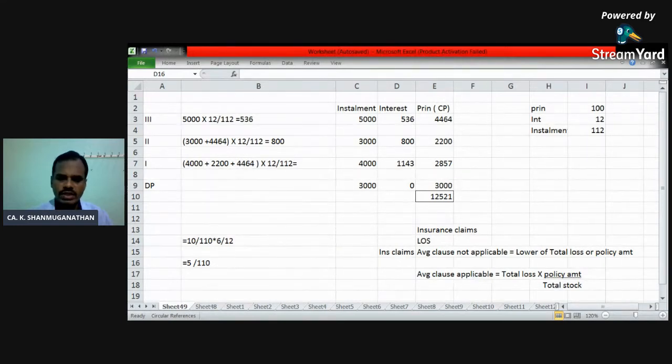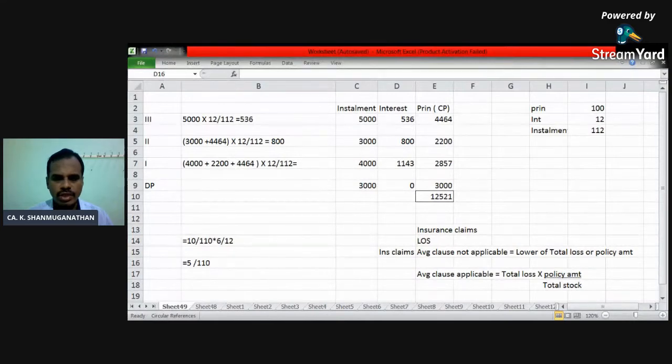Now, a few adjustments are also given. Sales up to 2/6/2015 include 75,000 being goods not dispatched to the customer. The sales invoice price is 75,000. Another one, purchases up to 2/6/2015 include machinery acquired for 15,000.